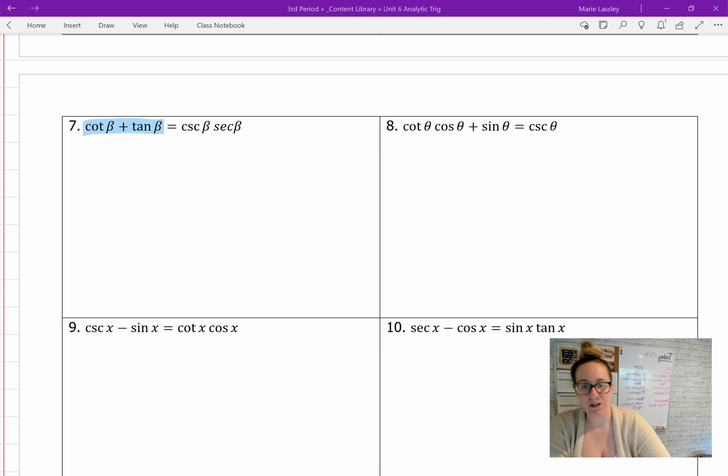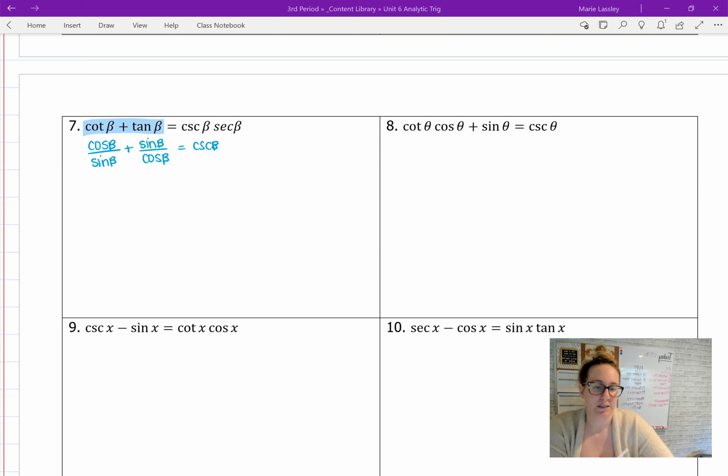All right, so first thing, I'm going to change everything to sines and cosines. So cotangent is cosine over sine, plus tangent is sine over cosine. And I want this to equal cosecant beta secant beta.